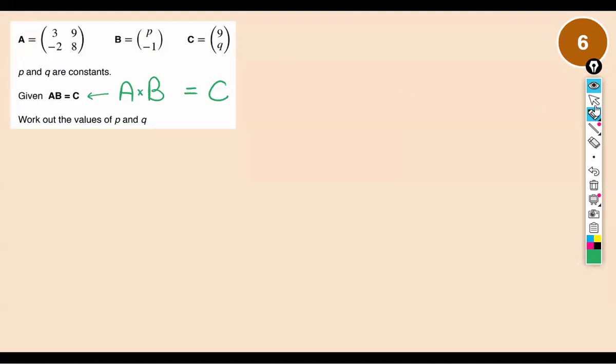What the examiner is trying to say is that if you multiply A by B, you will get C.